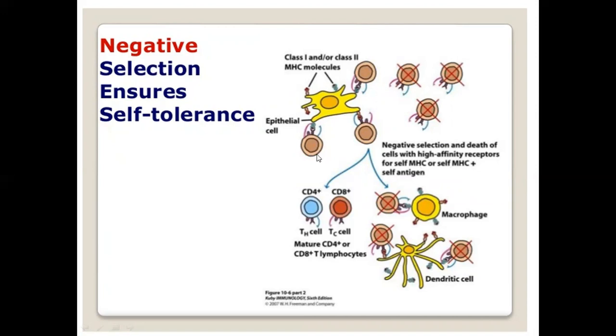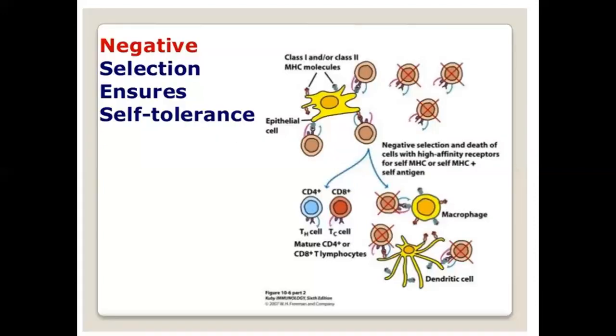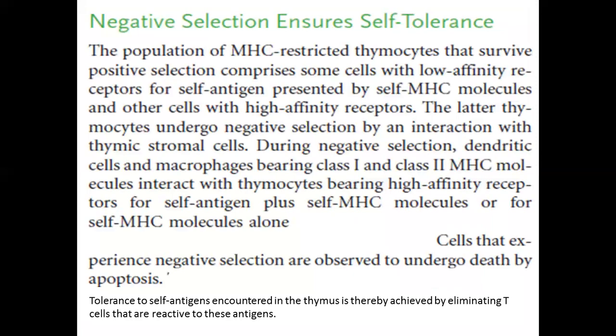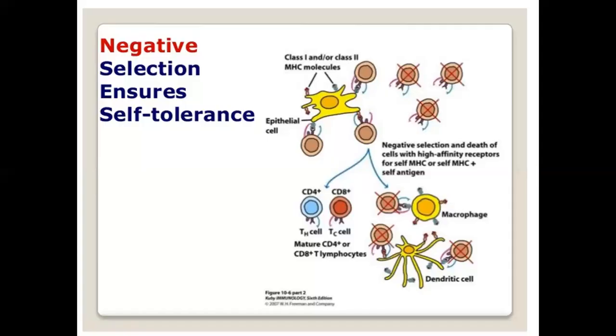So the low affinity cells mature, and the high affinity cells for the self-antigen or self-MHC molecules undergo death by apoptosis. This is known as negative selection, which gives self-tolerance. So this is about the negative selection and positive selection of the thymocytes.